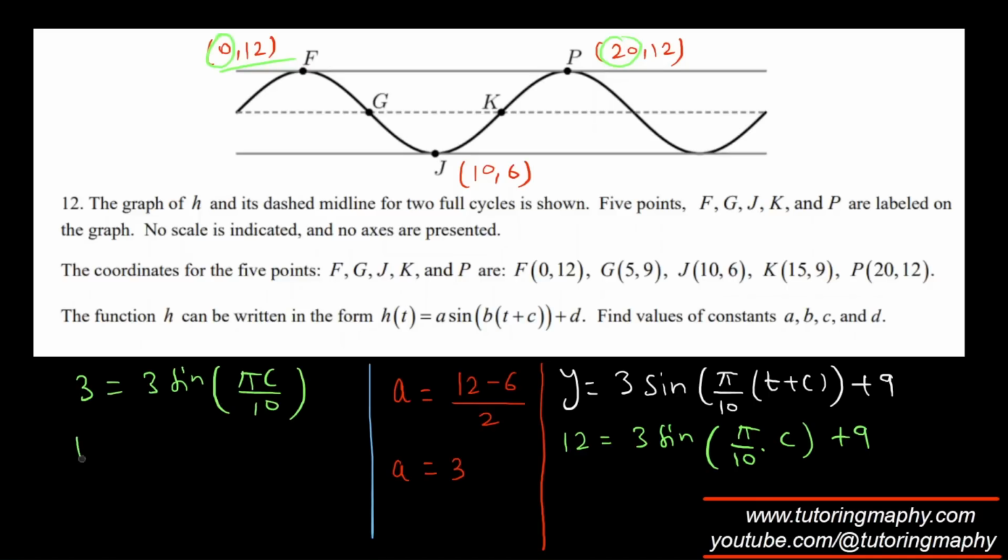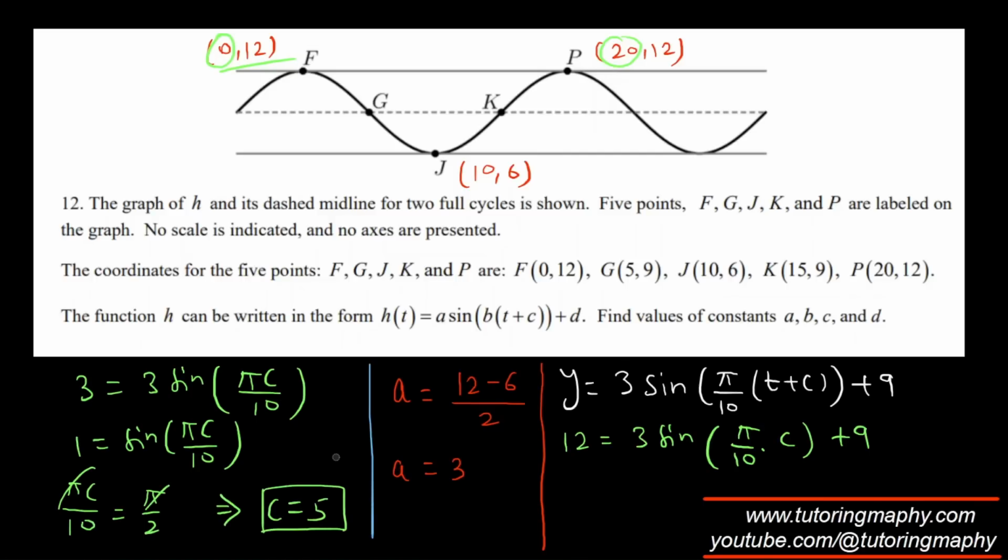Let's divide by 3 both the sides, so 1 is equal to sine of pi c over 10. When is sine 1? I mean, the easiest angle that I can think of is pi over 2. So pi c over 10 should be equal to pi over 2. These two are gone. And if I multiply 10 by both the sides, 10 over 2 is just 5. So c is 5. These are all the values.